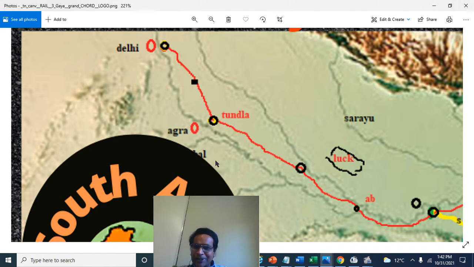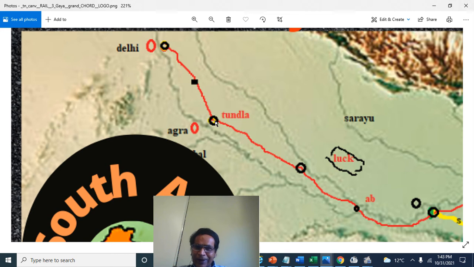That means the standard Madras, Chennapatnam and Delhi line goes there. You have Gwalior here, Chambal, Agra and Mathura and Faridabad, Delhi. This train need not go there because it is not necessary. And we are trying to go to Ghaziabad.